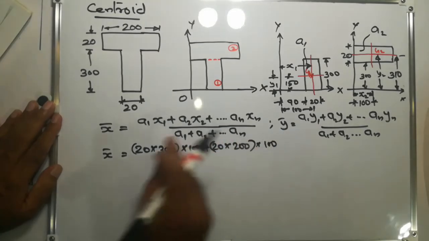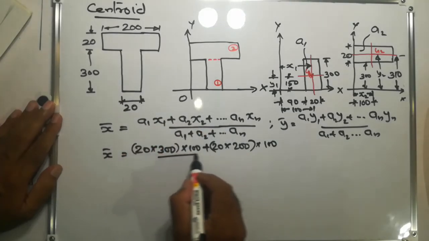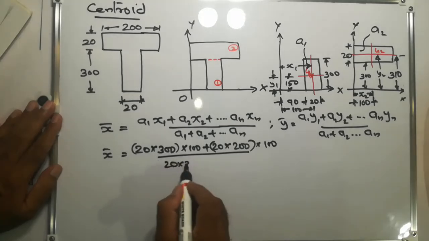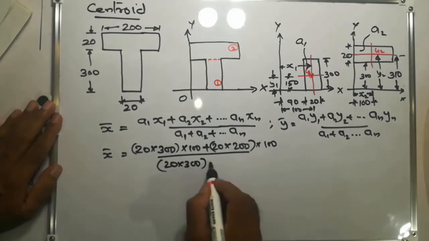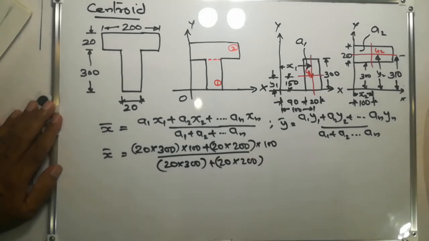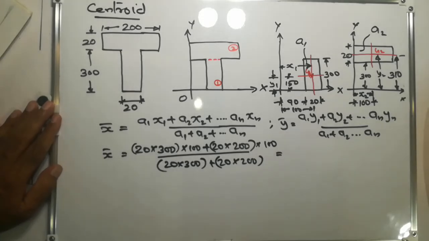Since we have only two areas, we have only two terms here, divided by a1 plus a2, that is 20 into 300 plus 20 into 200. So this will give you x bar.